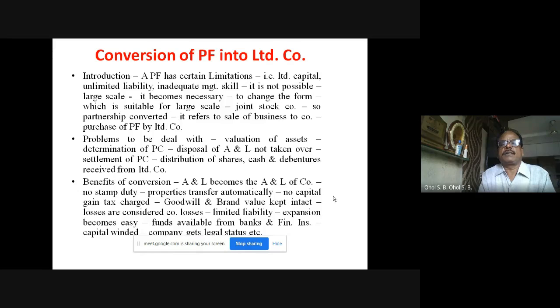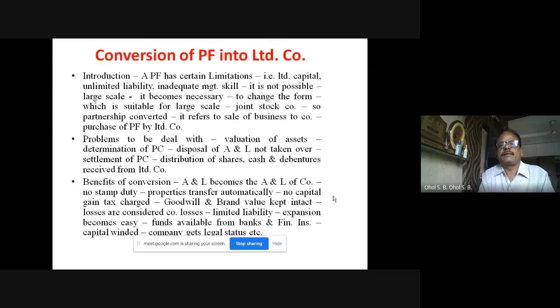It is also not possible through a partnership firm to do business on a large scale. Some limitations come on the partnership firm. The business is not at a higher or large-scale level; it is a medium or small type of business. Because of all these limitations, it becomes necessary for the partnership firm to change the form of organization, that is, to convert the partnership firm into a limited company.